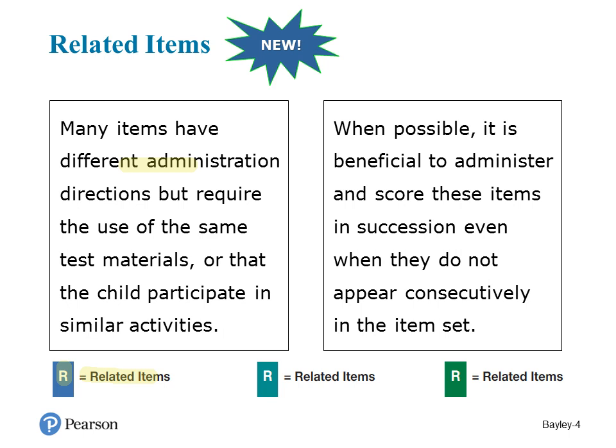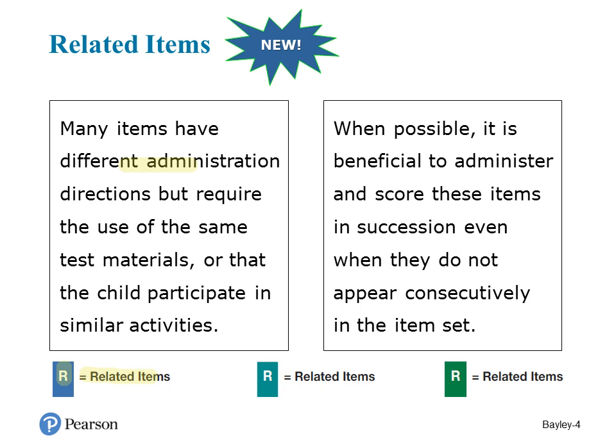Now, it doesn't always make sense to present these related items one after the other because, of course, some of the items might be more appropriate for a child who's 3 years old. Some of the items that use the same object might be more appropriate for a child who's 3 months old, in which case the 3-month-old definitely will reach a ceiling before you get to those other items.